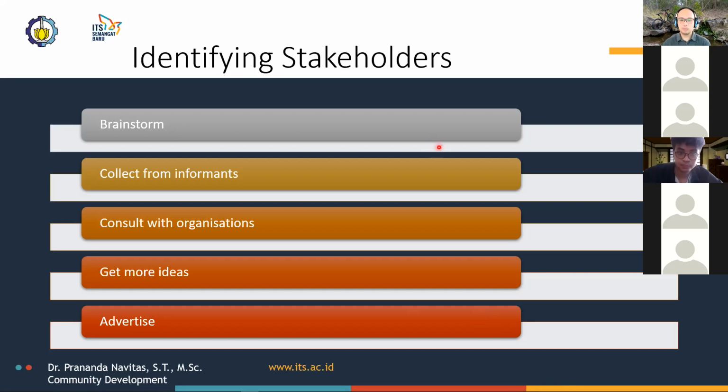So you can use a combination of brainstorming, collecting from informants, and consulting with organizations. You can include a combination of many of these methods to identify stakeholders that are relevant to whatever initiative it is that you're doing.